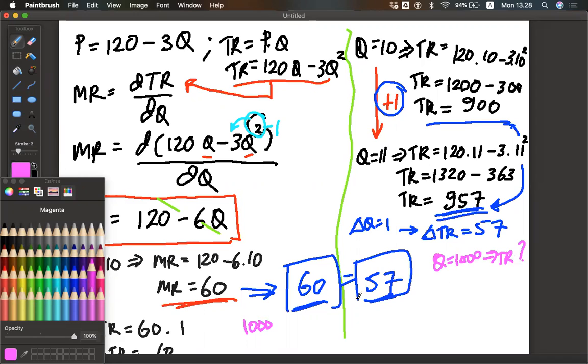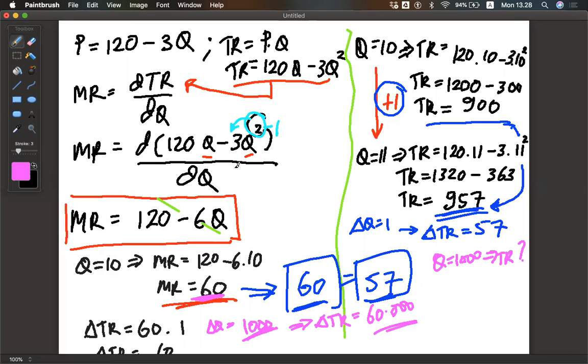We can simply multiply it with this marginal revenue. So if delta Q is about to change 1,000, then the total revenue will change about 60 times 1,000, 60,000 dollars. That is the example or the explanation of marginal.